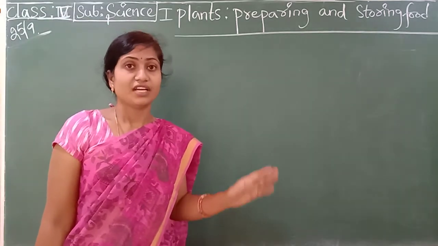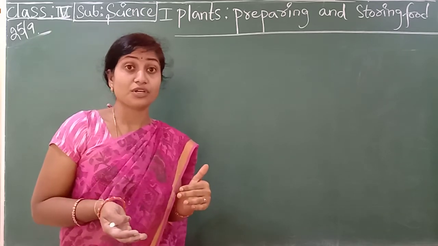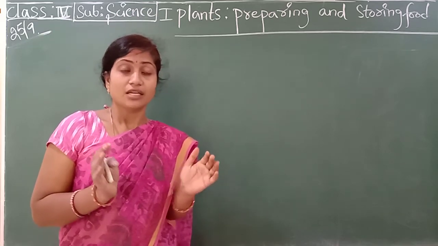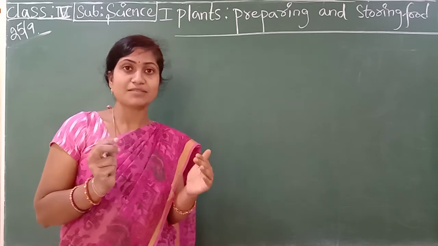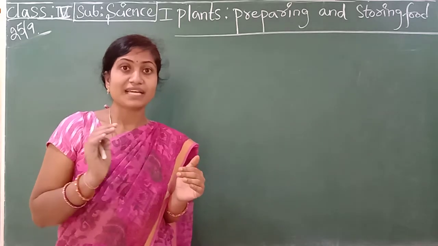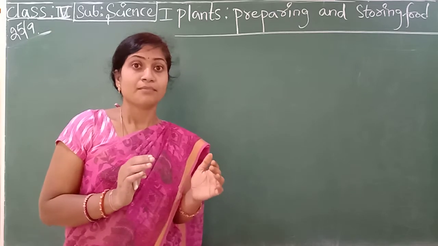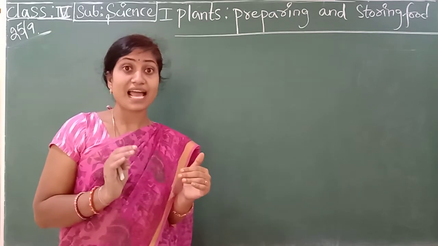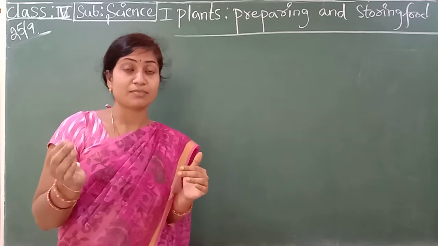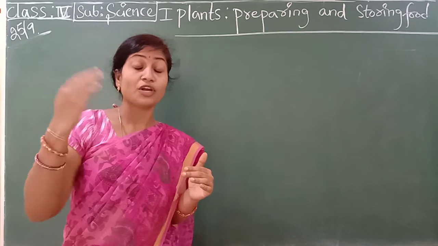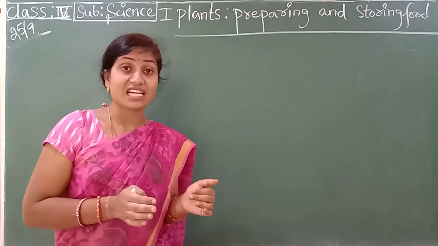So, how do they store their food? Plants already prepare their food, so how do they utilize it? After preparing food, some plants use it to get energy, and some use the food for growing. The remaining food is stored in the form of starch.